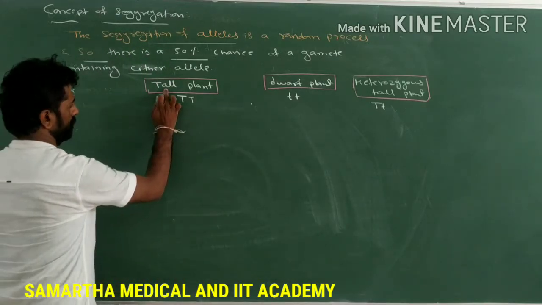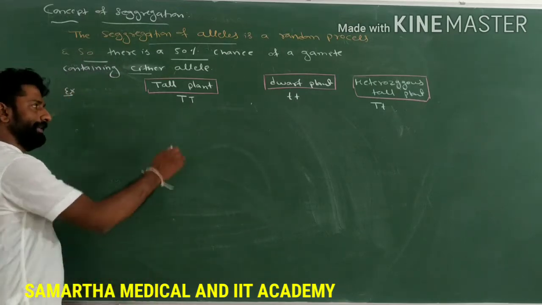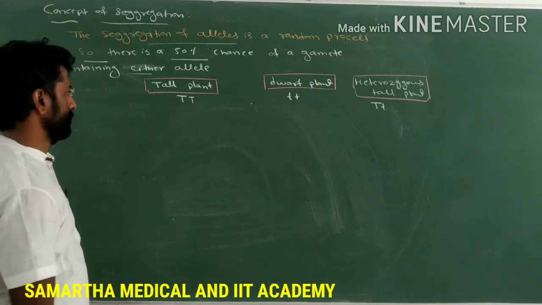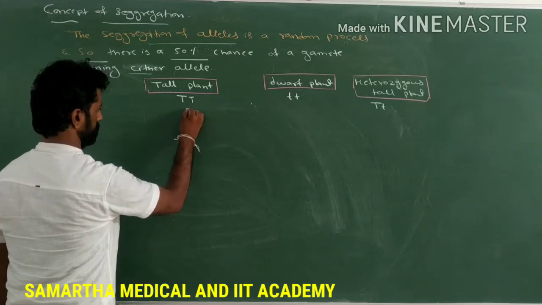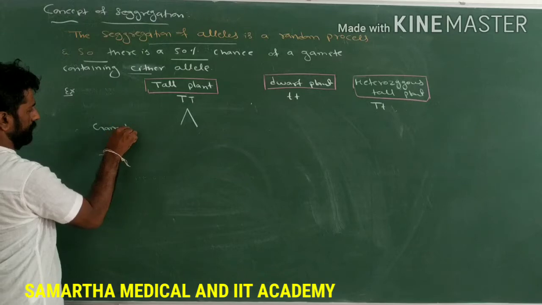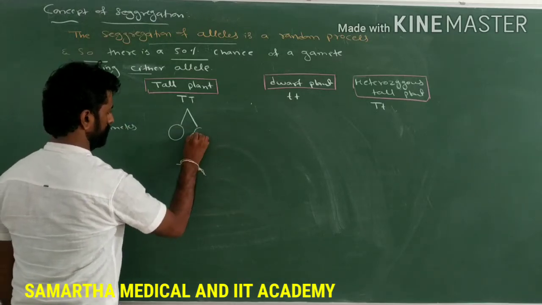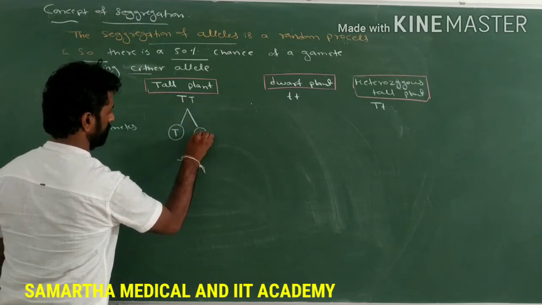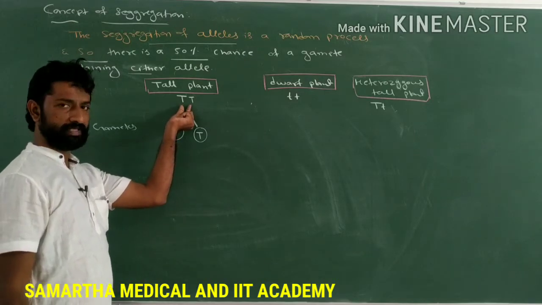So here the tall plant's genotype is represented by an identical pair of alleles coding for tallness, that is capital T, capital T. When such a plant produces gametes, each gamete produced will receive a similar allele.